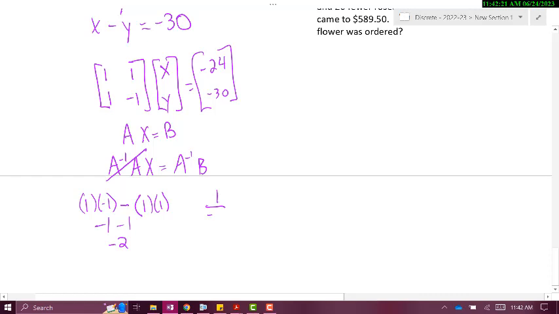So 1 over -2 times our 2 by 2 matrix, or our switcheroo matrix. -1 and 1 switch places, and the other ones turn to negative. So when we find our inverse, this is A inverse, we get 1/2, 1/2, 1/2, and -1/2.